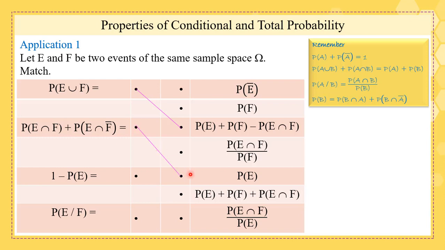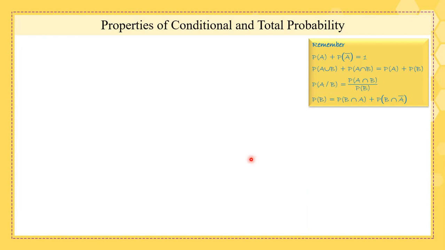It will be P of E, applying the total probability rule. Now try to see 1 minus P of E. It's P of E bar using the first rule here. And try finally to find the probability of E given F. So it will be E intersection F over P of F.